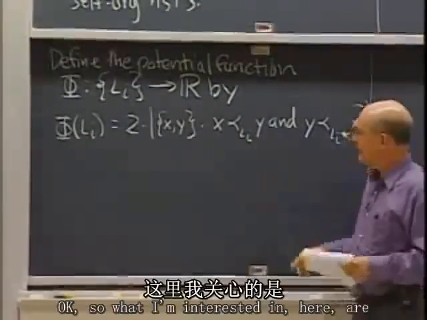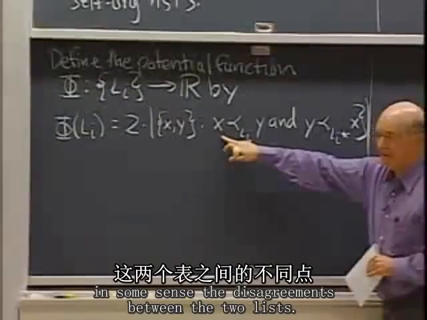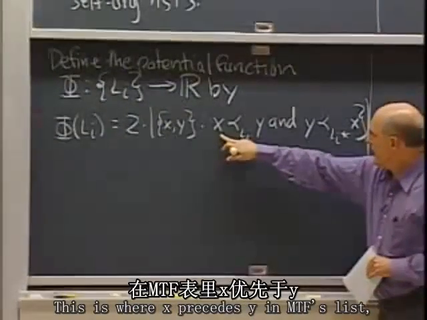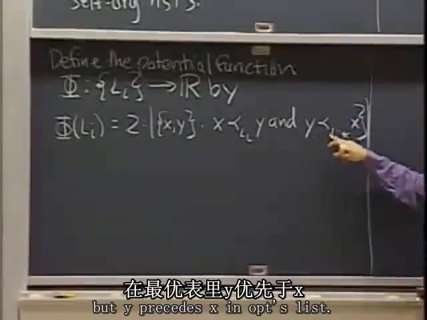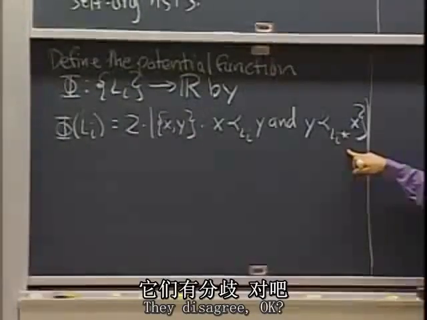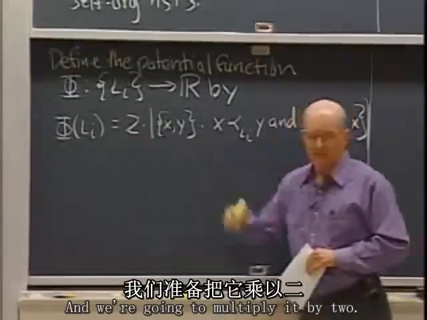Okay, so what I'm interested in here are, in some sense, the disagreements between the two lists. This is where x precedes y in MTF's list, but y precedes x in opt's list. They disagree. Okay? And what we're interested in is the cardinality of the set, and we're going to multiply it by 2.